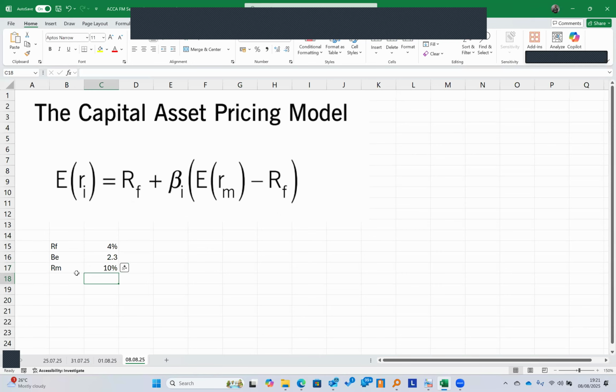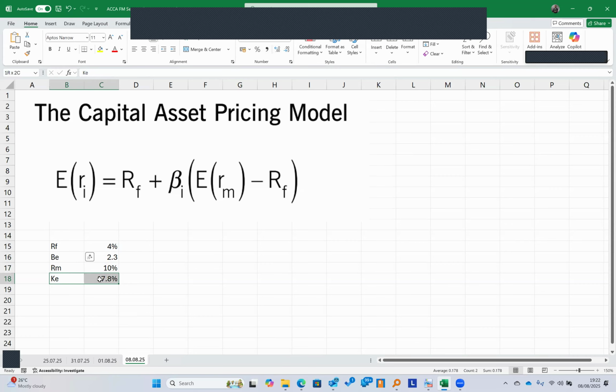Therefore, we can get KE. And it's given as the risk-free rate plus beta multiplied by the risk premium, which is the market return minus the risk-free rate, which gives us something about 17.8%. So that is the first question.